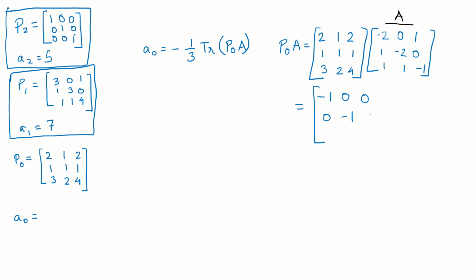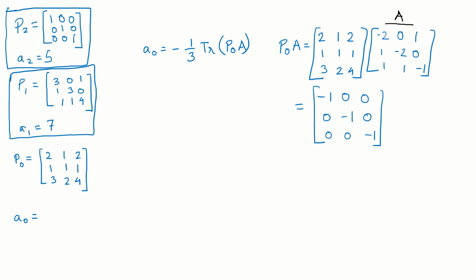I guess another 0 is coming, so yeah, 0. Then this is going to be again 0, this is going to be 0, this is going to be minus 1. So it came out in a very simple manner.